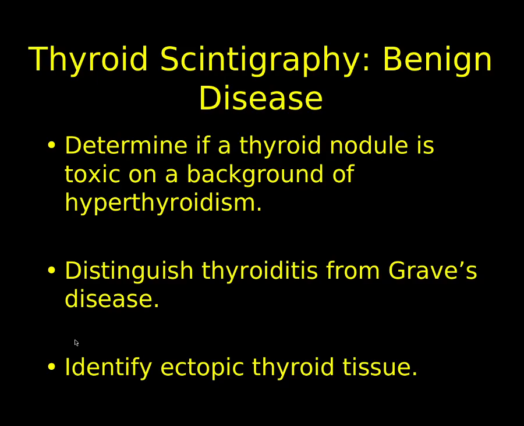So it's nice to have at least some thyroid gland present. That is probably the most common use for thyroid scintigraphy, certainly in our clinical practice. You can also use thyroid scintigraphy to distinguish thyroiditis from Graves' disease.